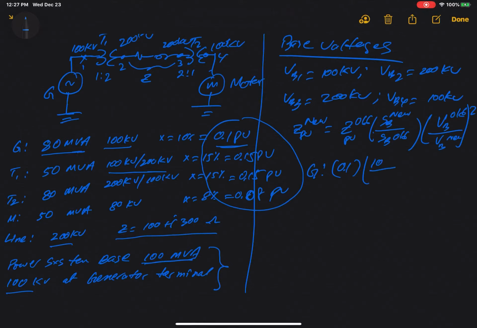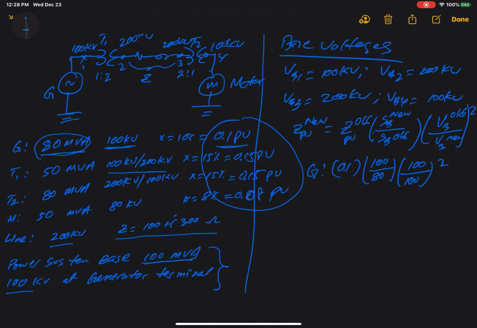So it's 100, and the old base, right here, is 80 MVA. I can drop the units because they're the same. Then the old voltage is 100, because that's what it says here, 100 kV. Then my new voltage is also 100, so they're the same.